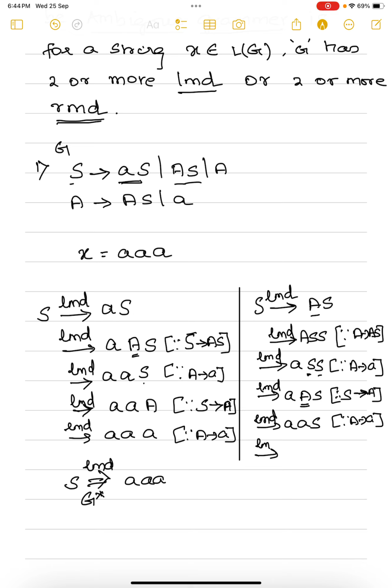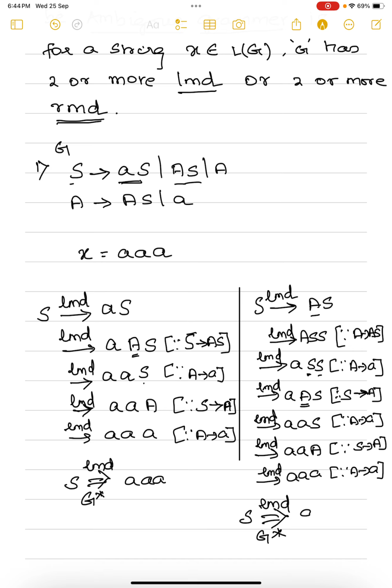Now only one S is left, so replace that S with A, since S goes to A is a production. And then again this one A becomes a, since A goes to a is a production. Here again, starting from S, applying the grammar G one or more times using leftmost derivation, we were able to derive aaa.